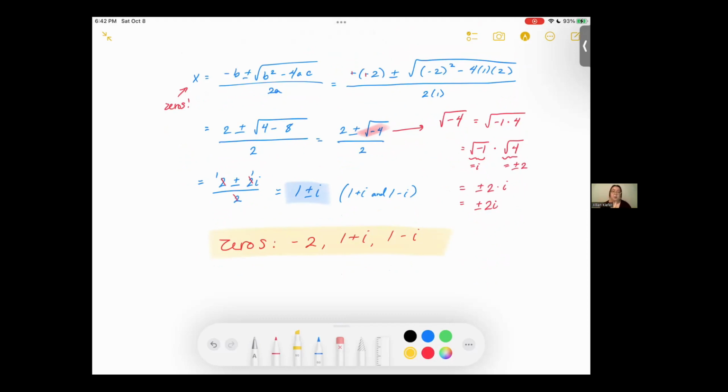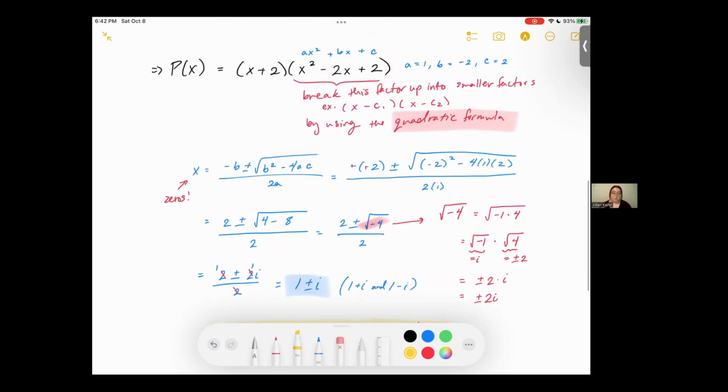We want to define the zeros and the complete factorization of our polynomial. So by breaking down that quadratic function and finding the zeros of it using the complex number I, we went ahead and found the remaining 2 zeros.